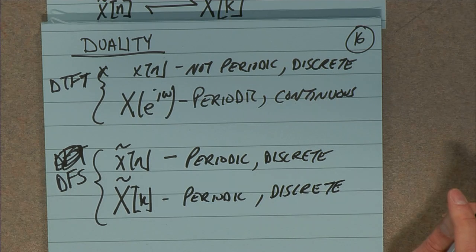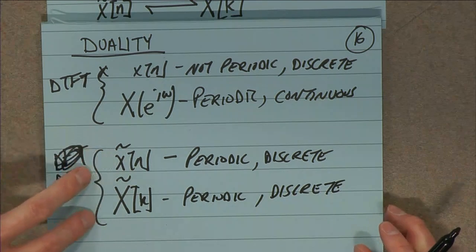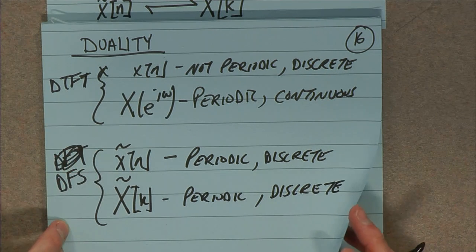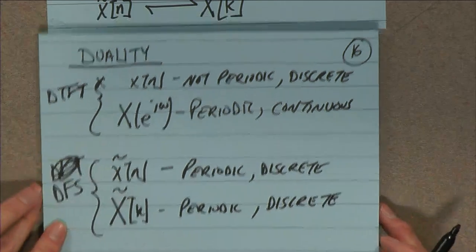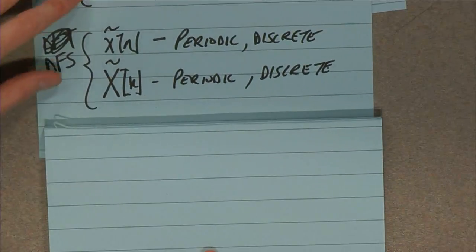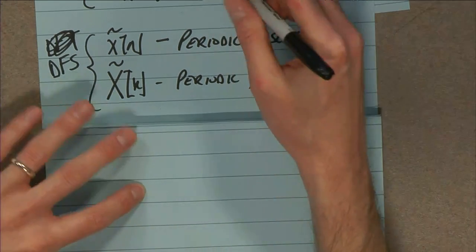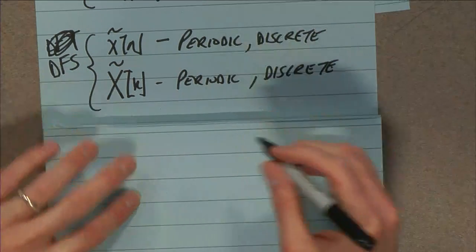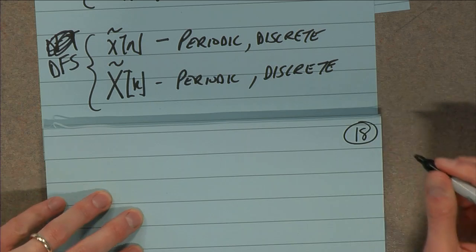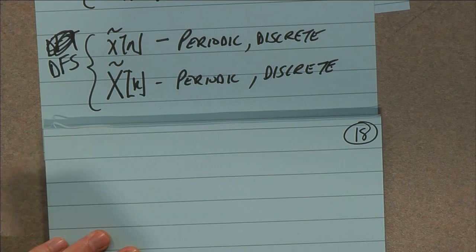And so that means there could be a special relationship, which there is, between these functions in terms of their discrete Fourier series. So what is that relationship? For the DTFT there is no duality, but for the DFS, there is.